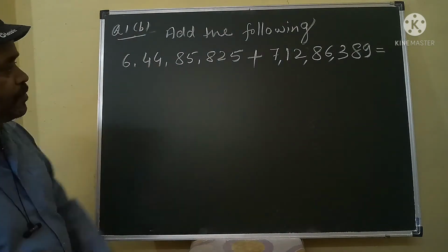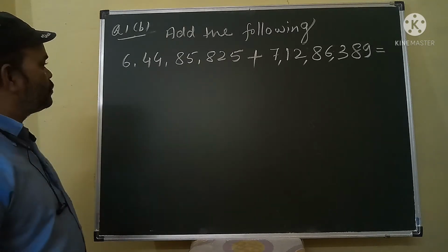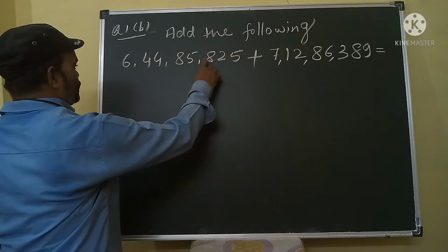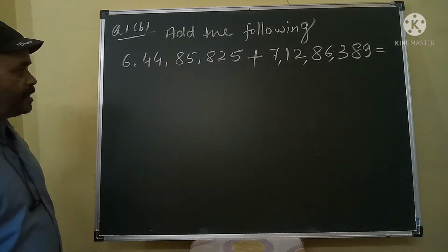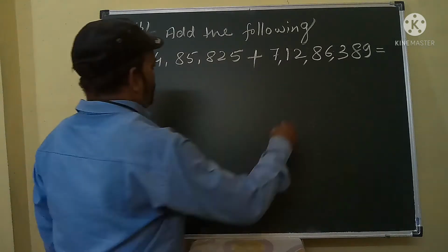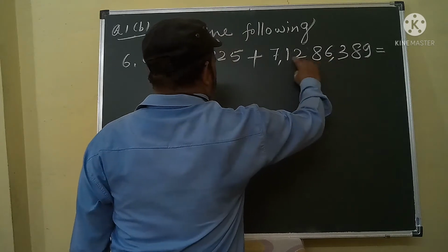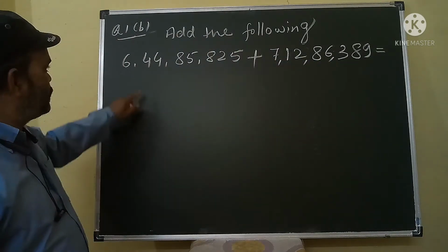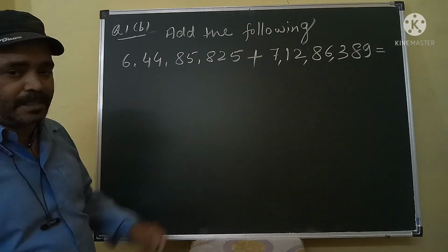What is the sum of these two numbers? In both numbers the digits are the same: 1, 2, 3, 4, 5, 6, 7, 8. The first number is an 8-digit number. The second number is also 8 digits. Both numbers have equal digits, that is 8.